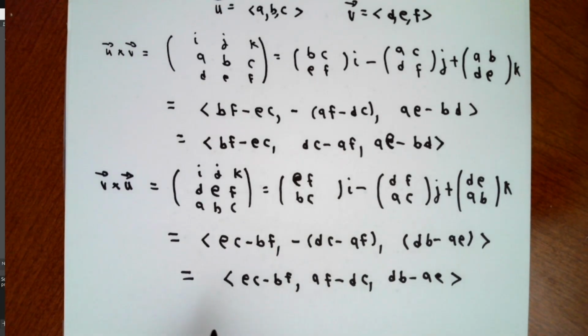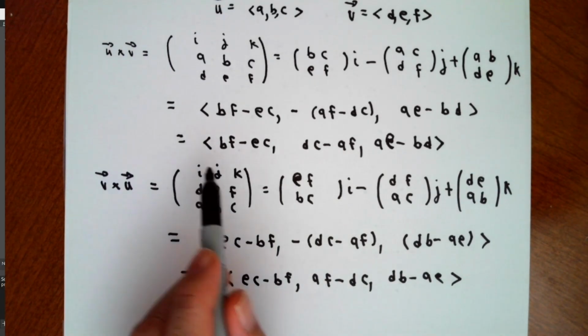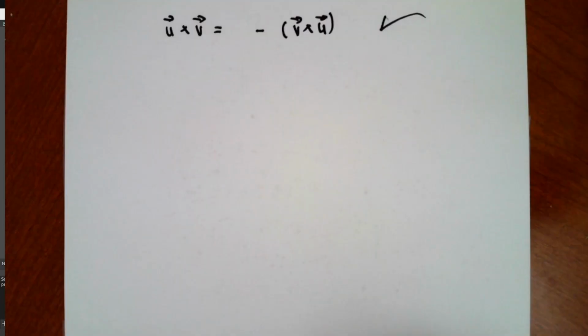This vector is the negative of that vector. By doing this, we've shown that if I take any two vectors U and V and form the cross product U cross V, it will be the negative of the vector that I would get by doing V cross U.